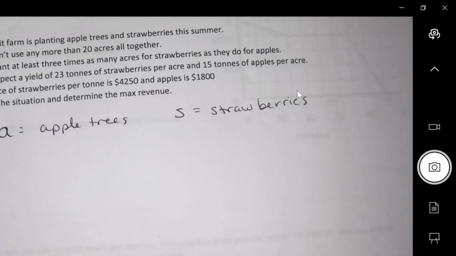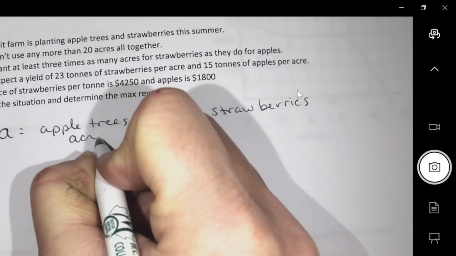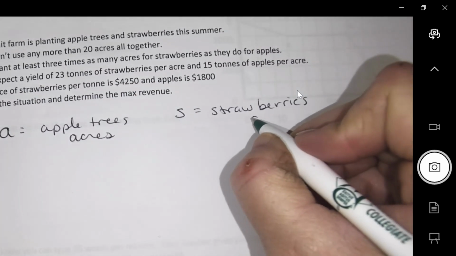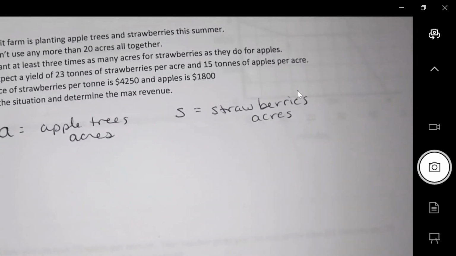Those are our two variables. Actually, I'm going to go, they're apple tree acres. Looks like we're going to talk about acres. So that's how many acres of apple trees we're going to plant, how many acres of strawberries we're going to plant.